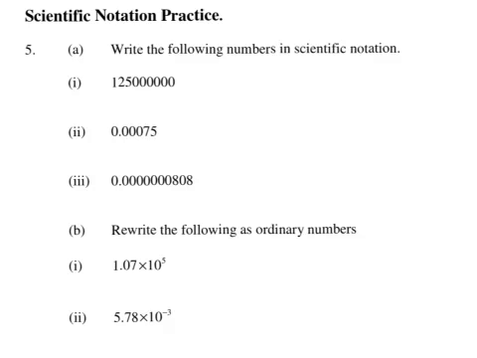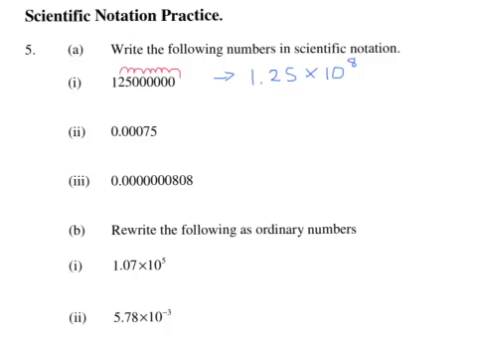So our first number is this very large number, 125, with 1, 2, 3, 4, 5, 6 zeros. The decimal point is here. It's a very large number. We're moving it back 8 places. So the number will become, in scientific notation, 1.25 multiplied by 10 to the 8.